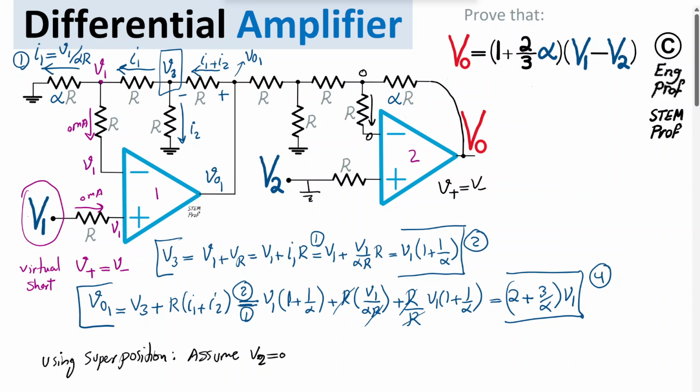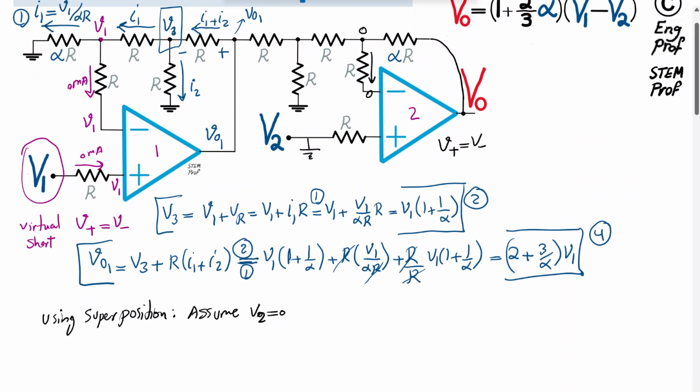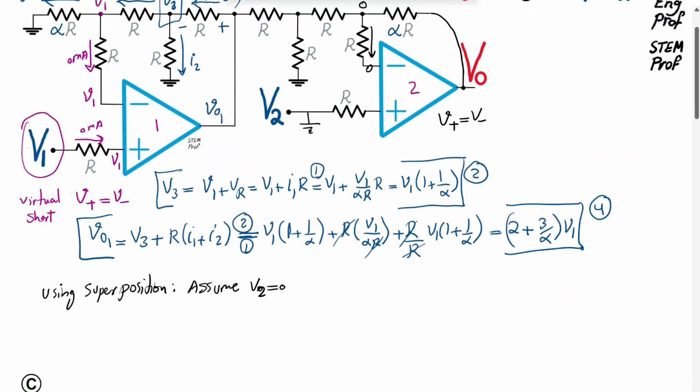So what's the benefit of that? Both resistor R here is grounded on one side, and resistor R shown here is grounded on one side. So effectively these two resistors are in parallel. The circuit becomes as simple as this scheme with V2 at 0. I'm going to show it here.